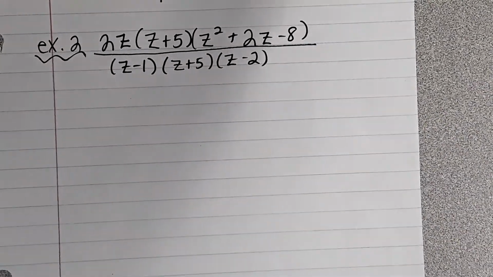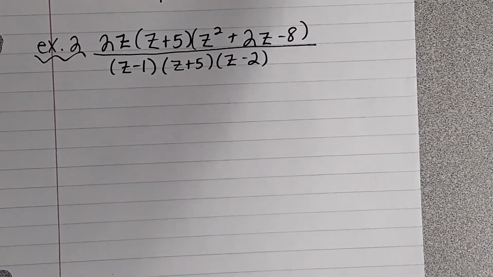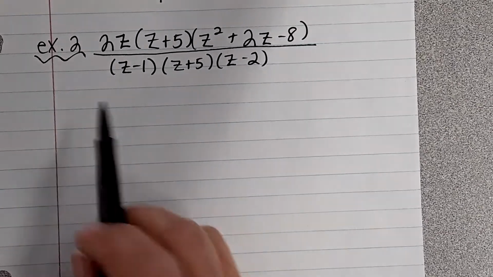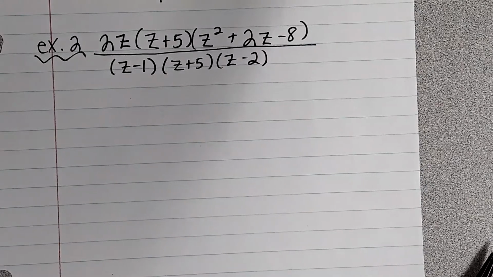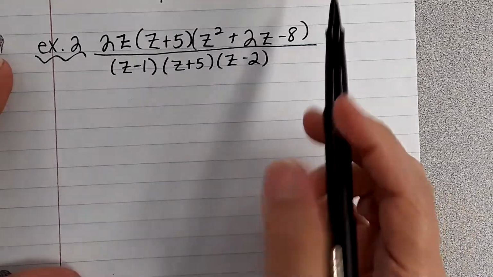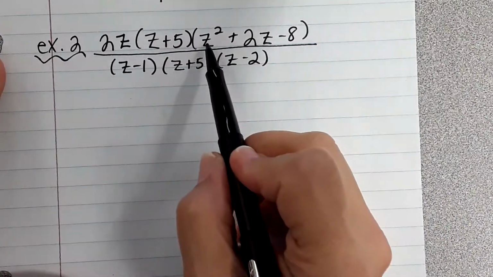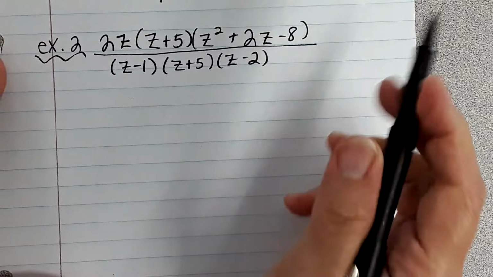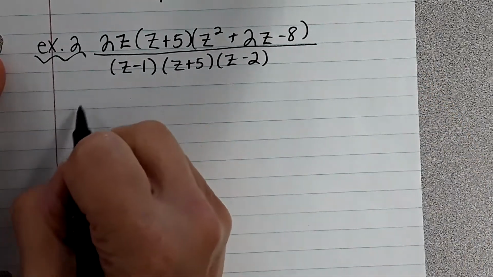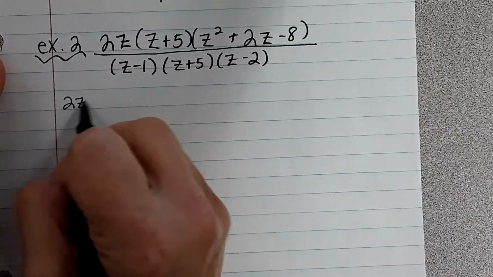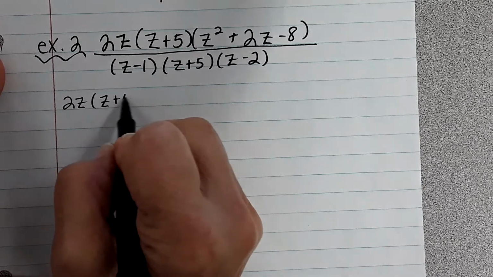So just like we did the last time, the first thing that we need to do is we need to factor it. Even though the denominator is completely factored, what we want to do is factor it first, and then we'll list our restrictions. So 2z is fine, z plus 5 is fine, but can we factor z squared plus 2z minus 8? So like I said, 2z is fine, z plus 5 is fine.